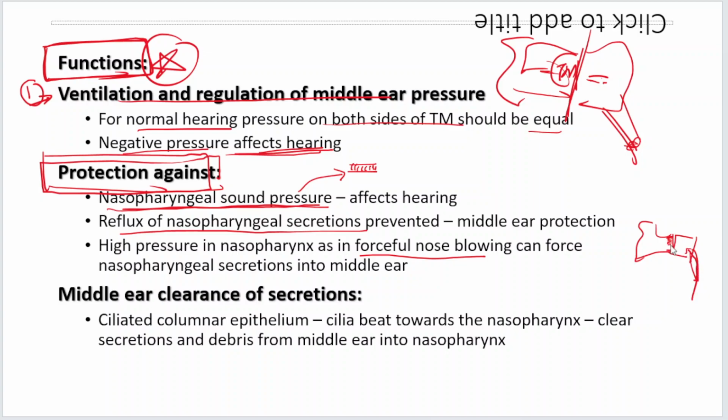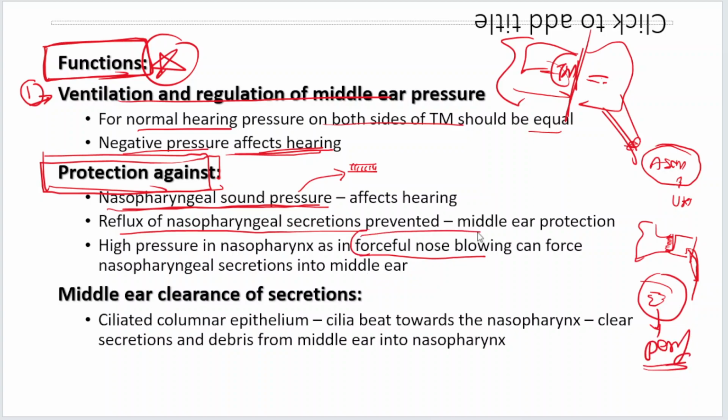You can sometimes see that the tympanic membrane is congested. It can be because of upper respiratory tract infection becoming ASOM, and also it can be because of trauma from forceful nose blowing. In rare cases, I have also seen that the tympanic membrane can rupture. There can be perforation of the tympanic membrane when the patient forcefully blows his nose. So this can also happen.